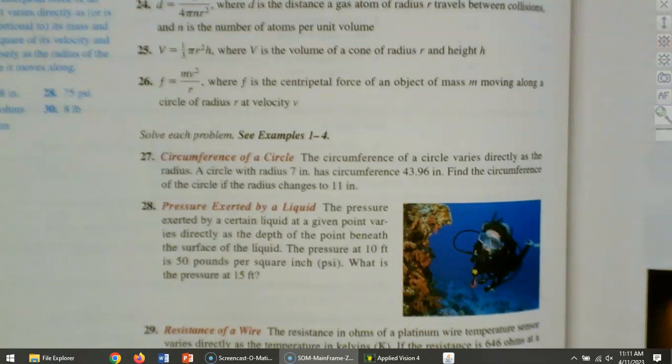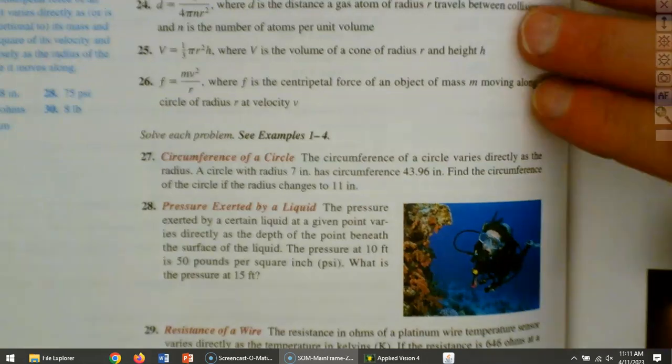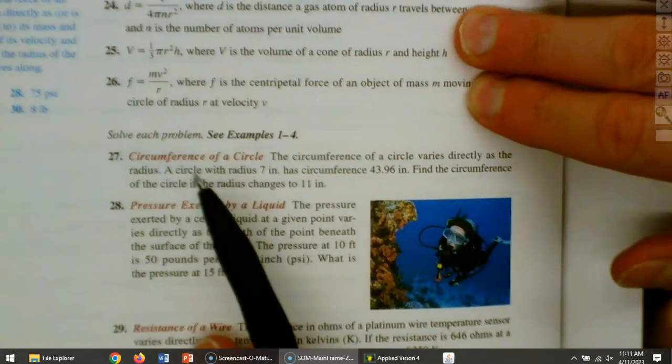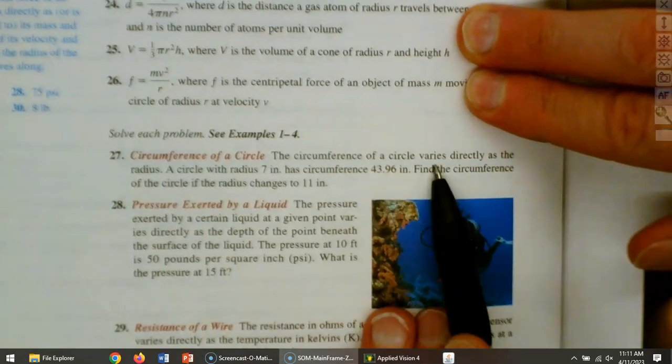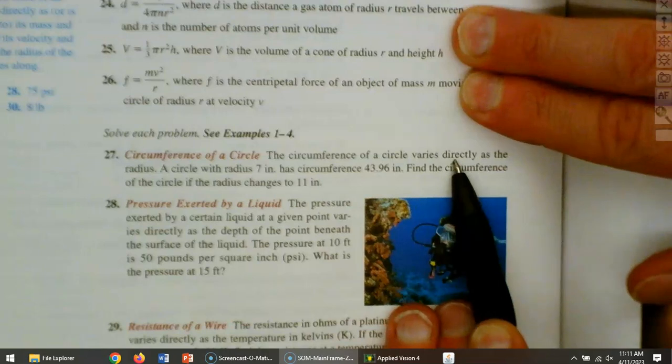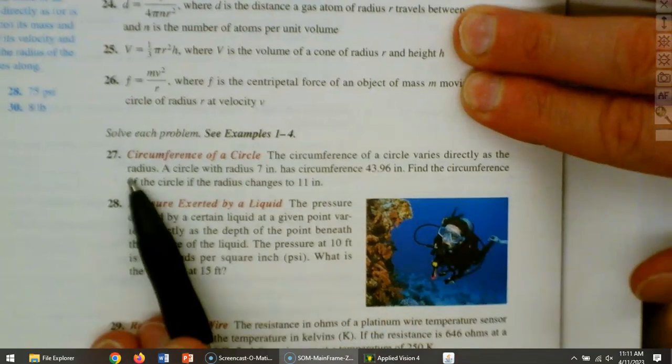So let's read here question 27 and see why this is direct variation. So question 27. The circumference of a circle varies directly as the radius.